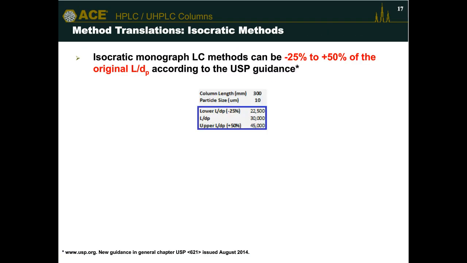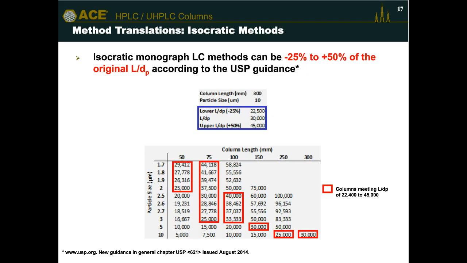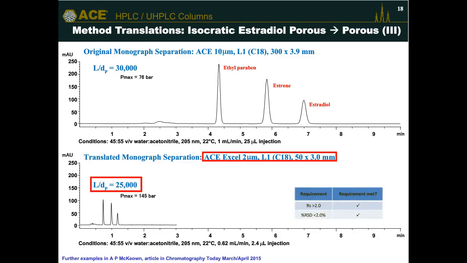Within the monograph, now we can go to more extremes of the length to particle size ratio. So we don't have to stick to that 30,000 in this case. Actually, within this box, there are many more columns, column formats that we could choose that still meet the USP guidance. So let's have a look at what that does chromatographically. Well, here we have a column that's got a lower length to particle size ratio.